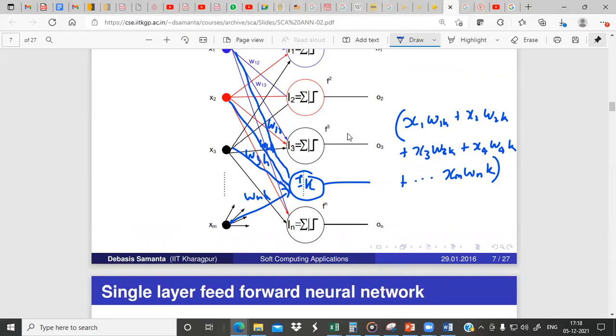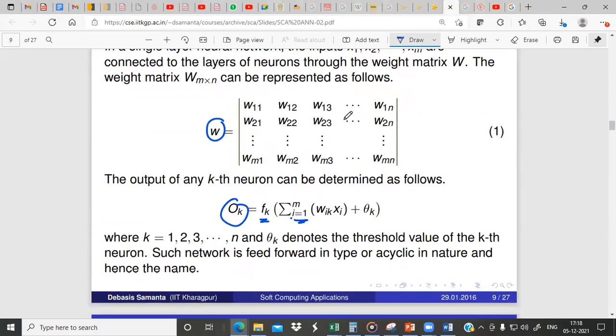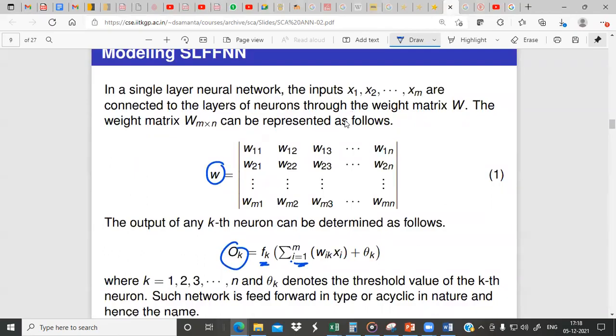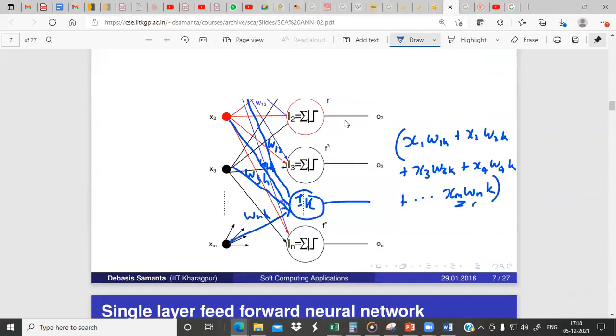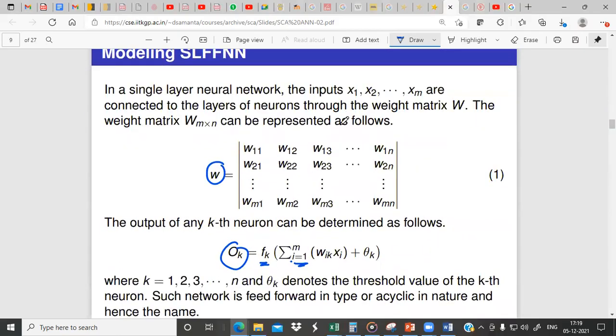It is going from X1 to XM, so that here it is mentioned as sigma i equal to 1 to m of WIK into XI. Basically, this m and n should be equal, so here we are using the same term.